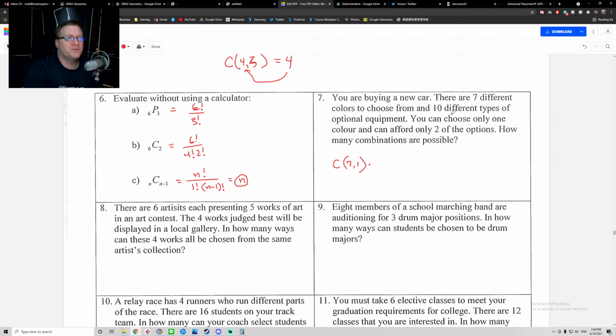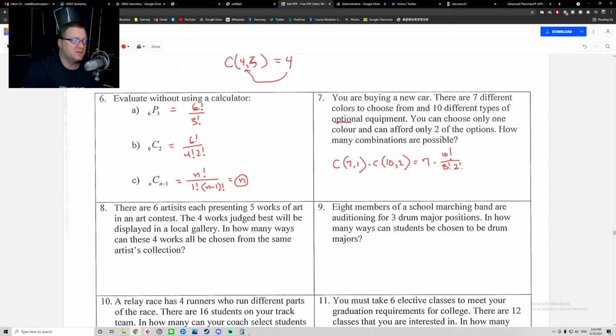And now we need to pick the optional equipment. Well, there's 10 different kinds of optional equipment, and we can choose 2. So this is going to be the answer. Remember, n choose 1 is always just going to be n. So it's going to be 7 times 10 factorial divided by 10 minus 2, which is 8 factorial, and then 2 factorial.